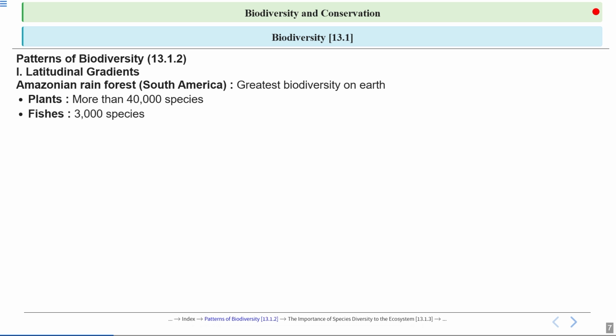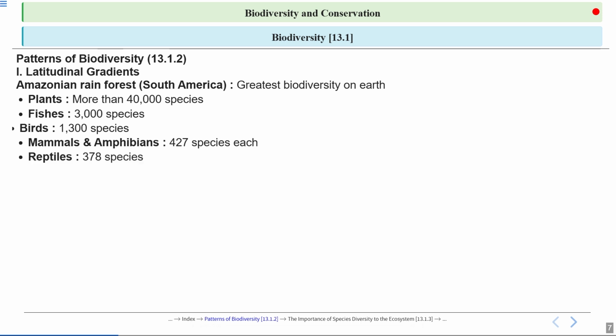Moving on to the fishes, the Amazon is home to about 3,000 species of fish. Birds, there are 1,300 species of birds. Then mammals and amphibians, 427 species each. Reptiles are also well represented with 378 species.